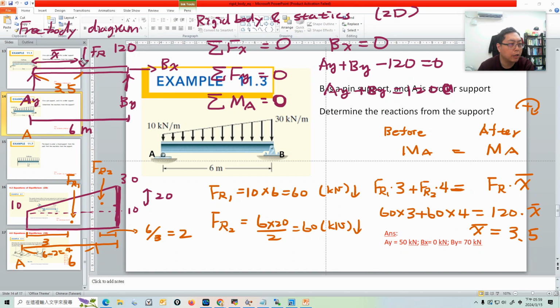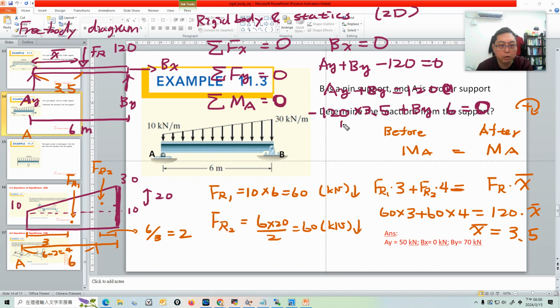The resultant force FR creates a moment with respect to A, so it's 120 times 3.5, and in this equation we go back to the normal convention, so clockwise is negative. Bx doesn't create any moment because there is no lever arm, but By creates a moment with respect to point A. It's upward, so it creates a counterclockwise moment, positive, By times 6, and the summation must be 0.